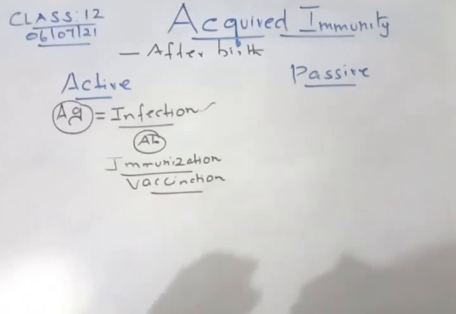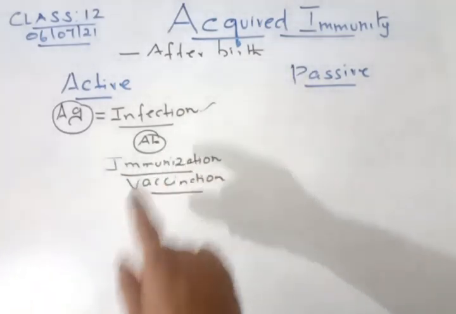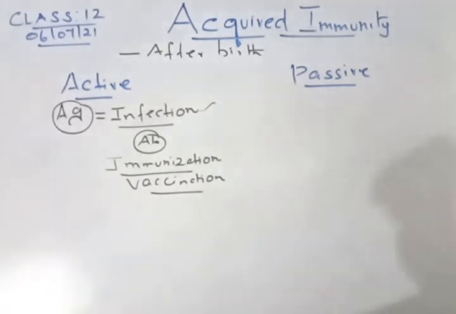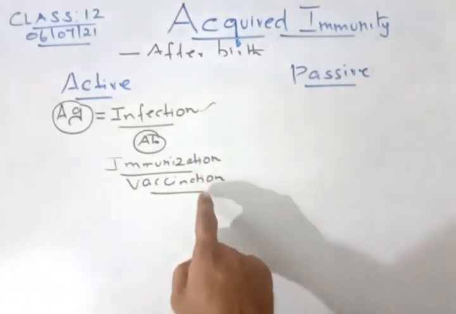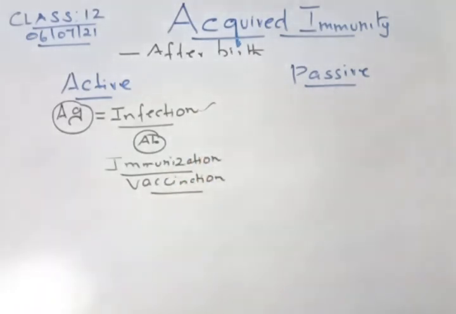But in a vaccine, we kill that antigen, we remove the toxic part and insert only the antigen inside. So the antigen enters the body, but it cannot infect. Why? Because there is no toxic substance. We remove the toxic. So only the antigen is inserted inside, and for that, antibodies are synthesized. So antibodies are produced after an infection or after an immunization, and this is called active immunity.